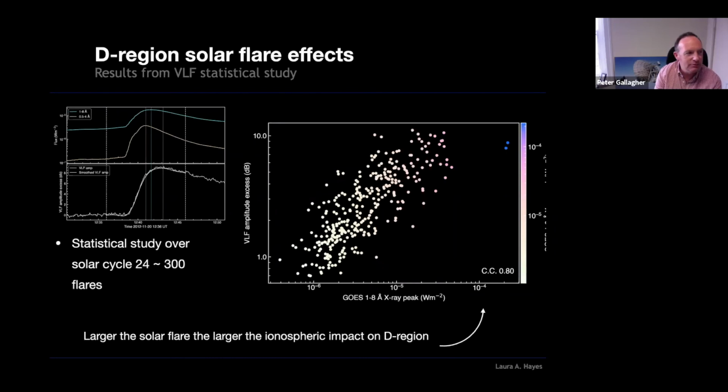That would help you to deal with Shane's point about propagation effects, or Cameron's point about correcting for position of the sun in the sky. So it's a way of setting up a monitoring system and then correcting for those effects, and then calibrating basically the ionosphere to act like a big X-ray detector.